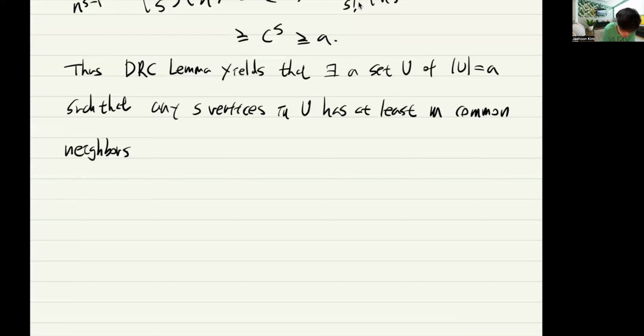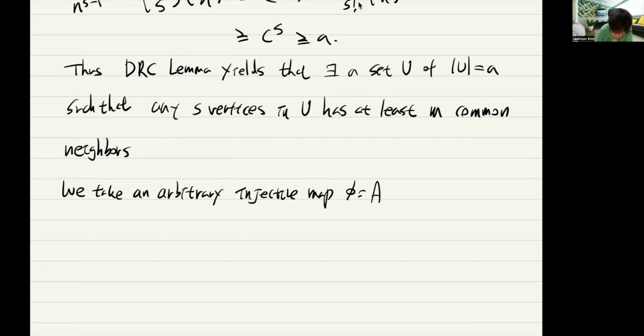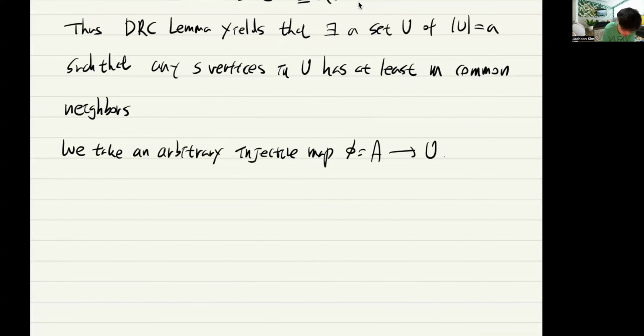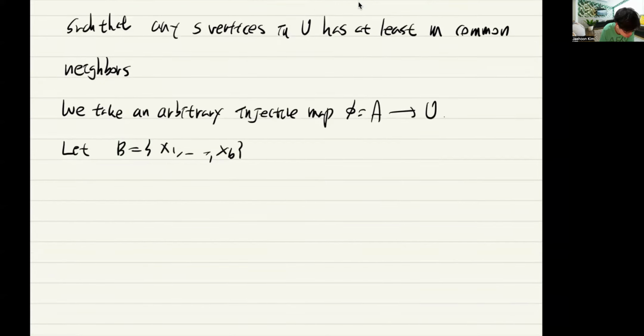So what we can do now, we take an arbitrary injective map pi from A to U, and let B be x1 to say xb. We embed these vertices x1 to xb one by one in order.